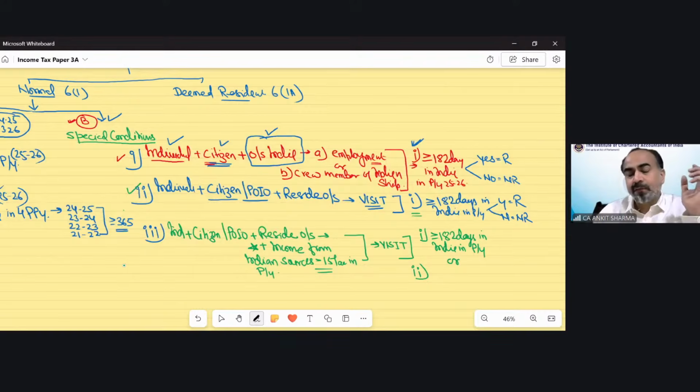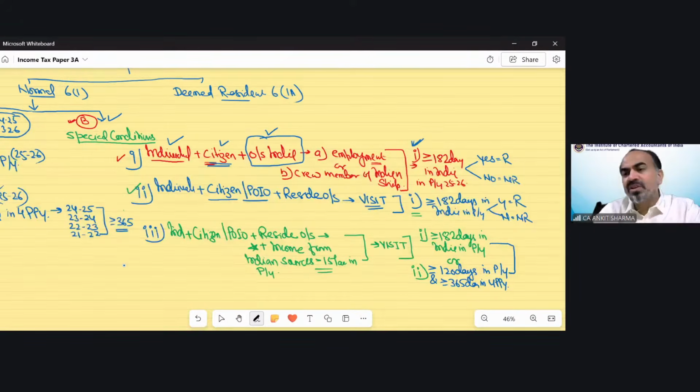What was the second condition of category A? More than or equal to 60 days in the previous year and 365 days or more in the 4 preceding previous years. Almost the same condition is there, just 60 days has been replaced by 120 days: more than or equal to 120 days in the previous year and more than or equal to 365 days in the 4 preceding previous years.